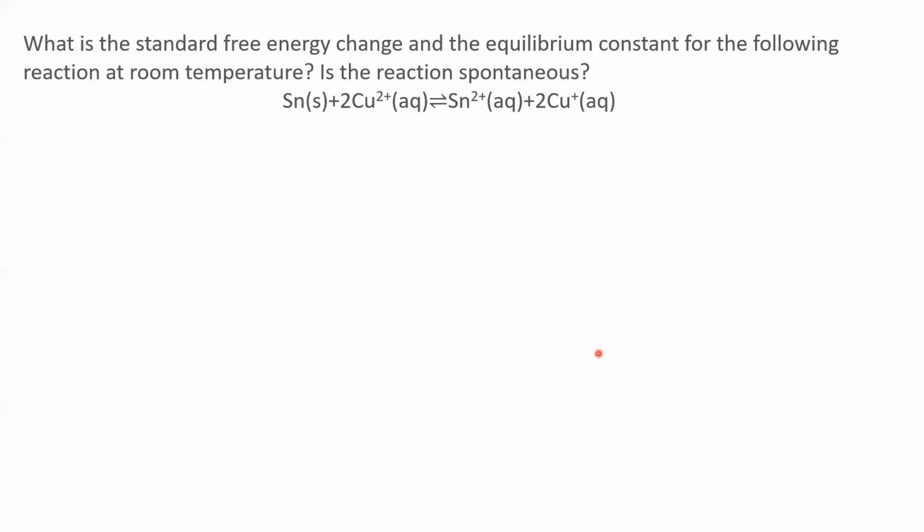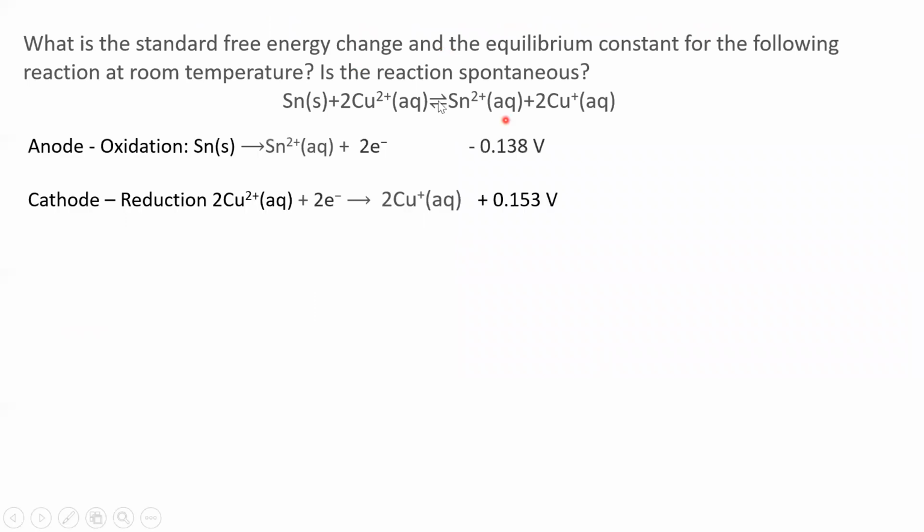So let's look at a problem. We're given tin atoms reacting with copper ions to form tin ions and copper atoms. We look up on the table the value for the oxidation, negative 0.134 or 138, and the value for the reduction, 0.153.